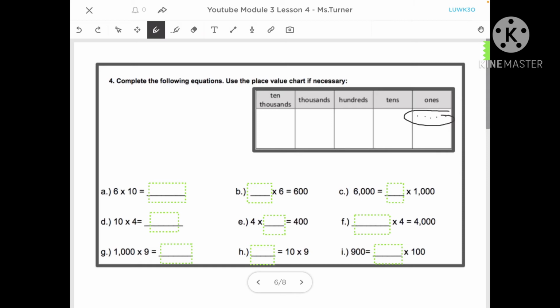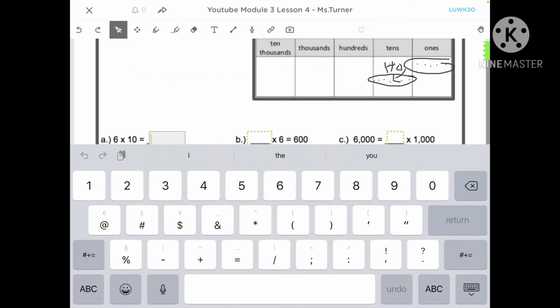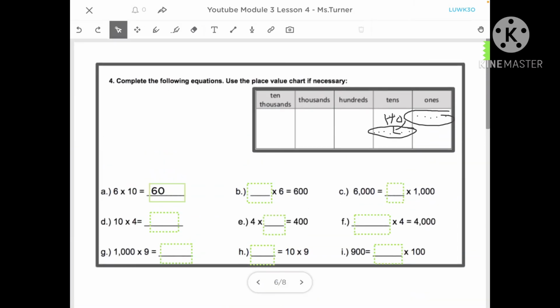So what place value would my 6 ones be moving to if I'm only multiplying by 10? Yeah, it will be moving to the tens, right? Because I'm multiplying by 10, which means it's only going over one time. So that means I have 6 tens. 6 tens is the same thing as saying what? Yeah, 60. Good.